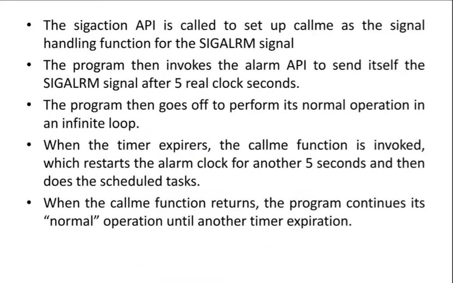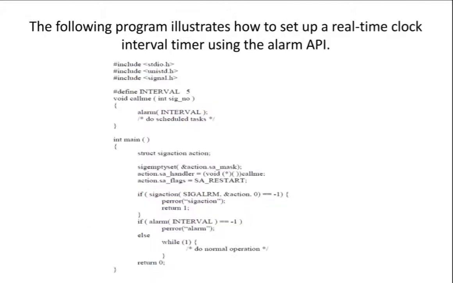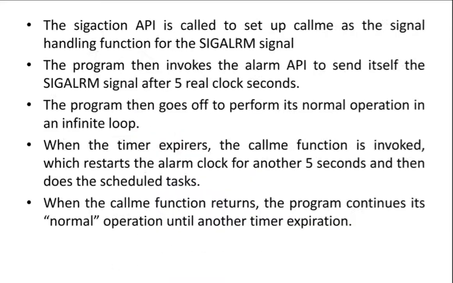So for 5 seconds you do the scheduled task, and after the callme function returns, until the timer expiration it does the normal operation. After that, it will again invoke the alarm API and again do the scheduled tasks for 5 seconds. Simple. Hope you are understanding, guys.